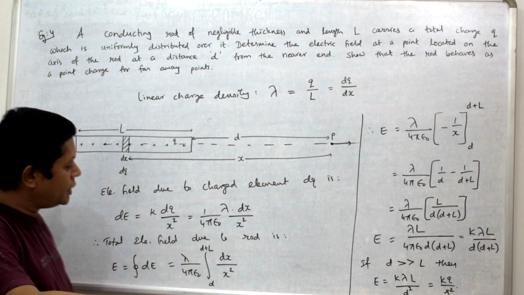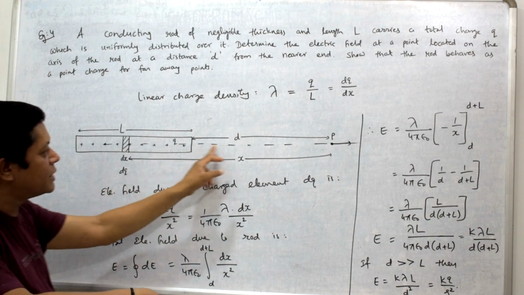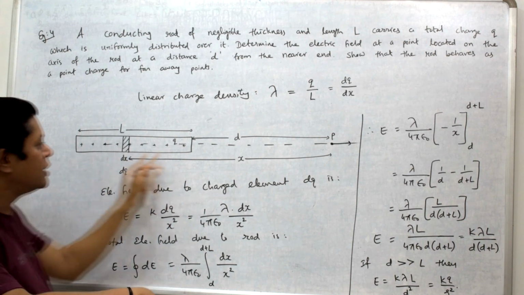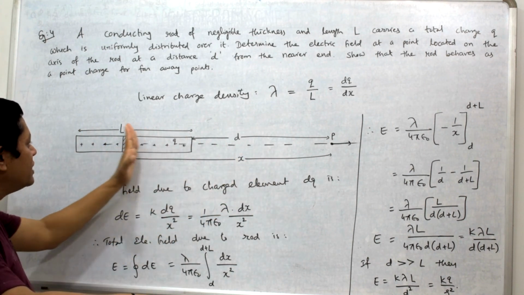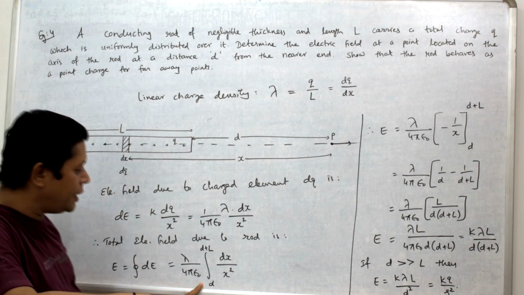If you consider the element at this end, its distance from point P is d, and for the element at the other end its distance will be d plus L. So different elements have distances ranging from d to d plus L, and that's why we integrate over the range d to d plus L.